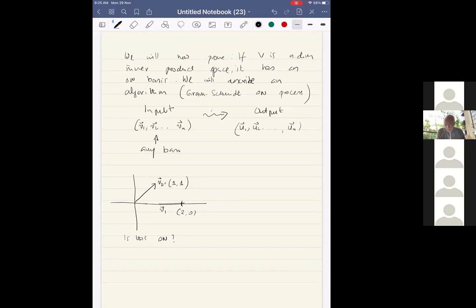Their inner product of V1 and V2 is not 0. And also the length of V1 is, what is the length of V1? 2. And the length of V2? Square root 2. Is this all clear to everyone? Does everybody agree with this?